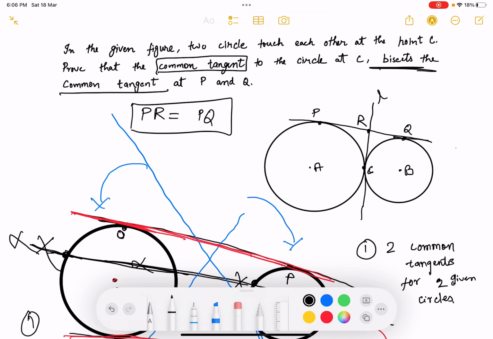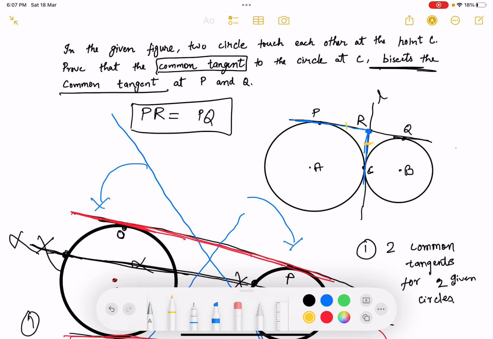So again, how to do this? Let's look at it from a different point. So this is a point R, and we have two tangents from this point, PR and RC. And these two tangents are going to be equal.